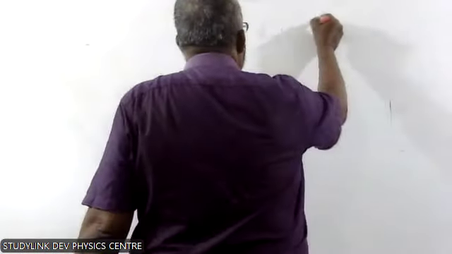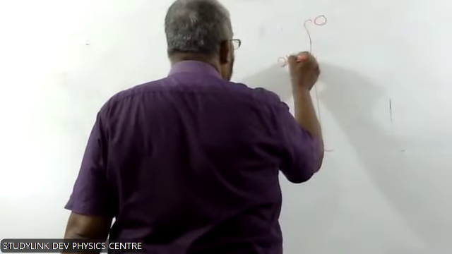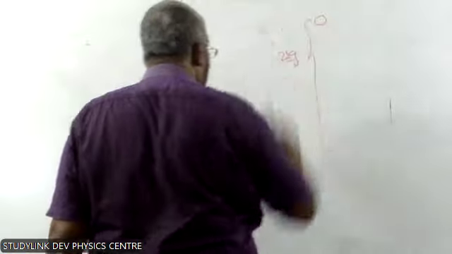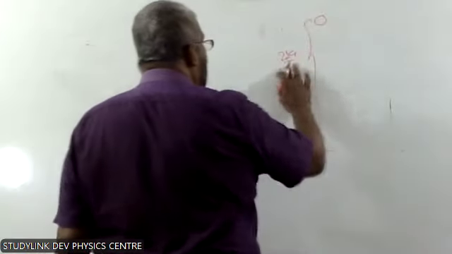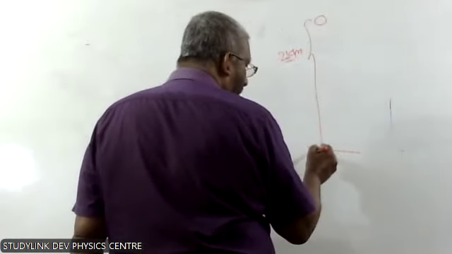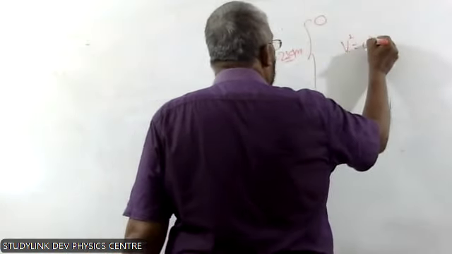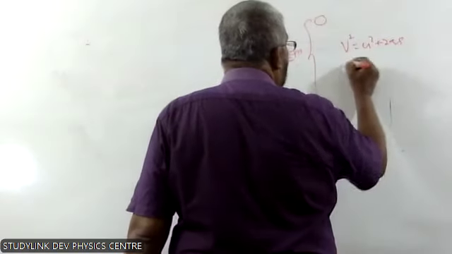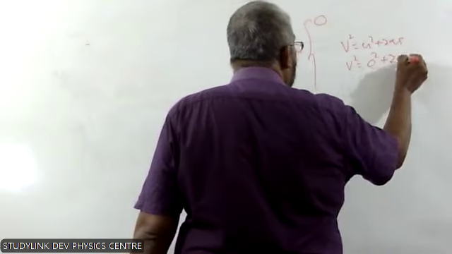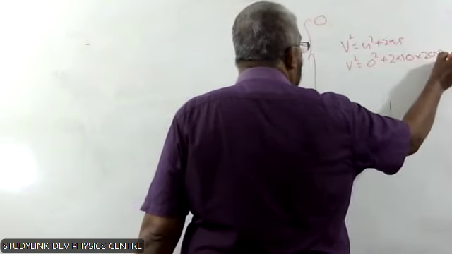If you consider the rain cloud to be at a height of 2 kilometers, then when it reaches the earth, V squared is equal to U squared plus 2AS. V squared is equal to 0 squared plus 2 into A, which is G, 10, into S, 2000 meters.